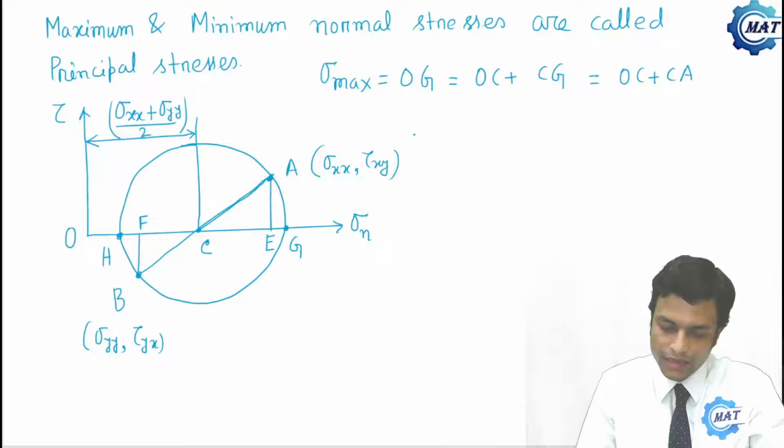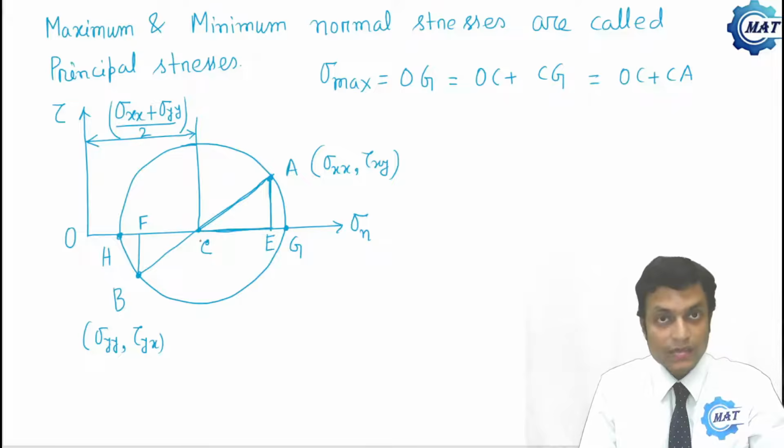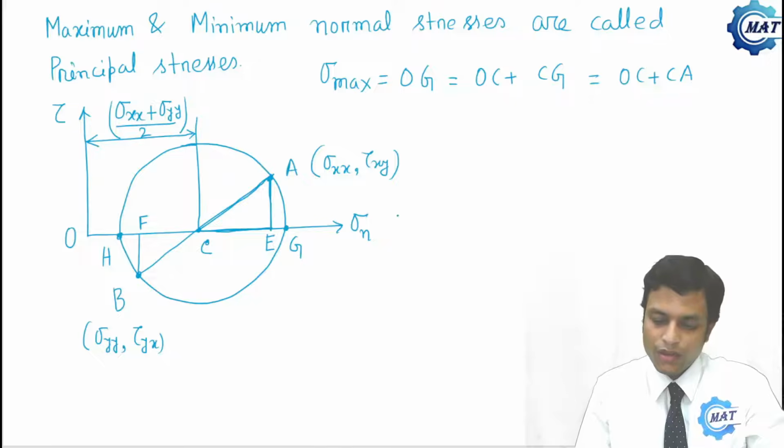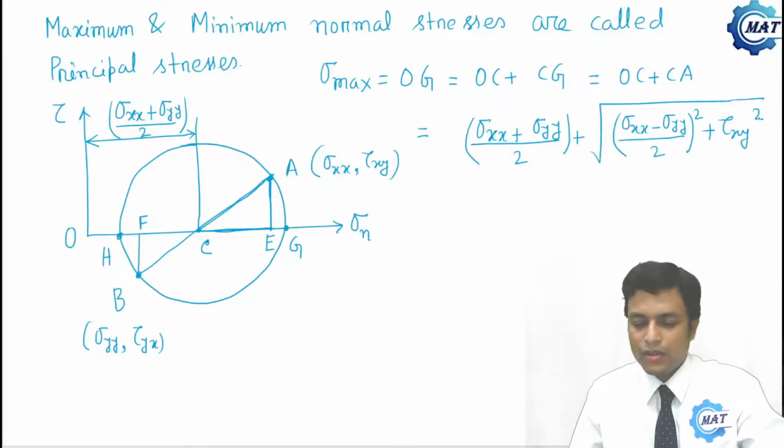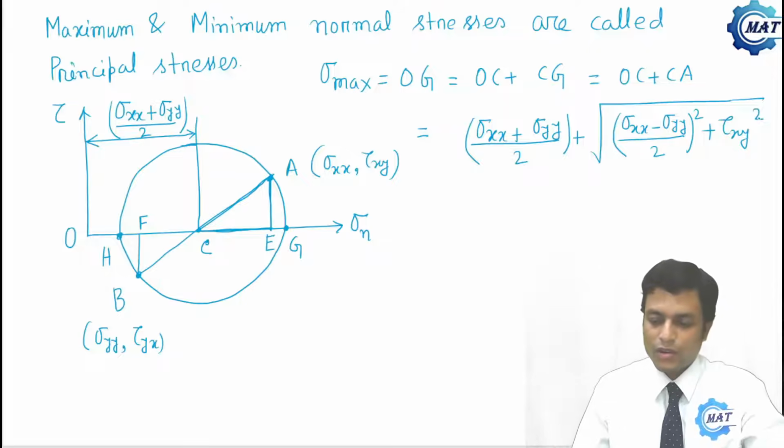What is CA? CA is the root over C square plus A square. C square is sigma xx minus sigma yy divided by 2 whole square, plus tau xy square. So sigma max is sigma xx plus sigma yy by 2 plus root over sigma xx minus sigma yy by 2 whole square plus tau xy whole square. So this is the value of the maximum normal stress.